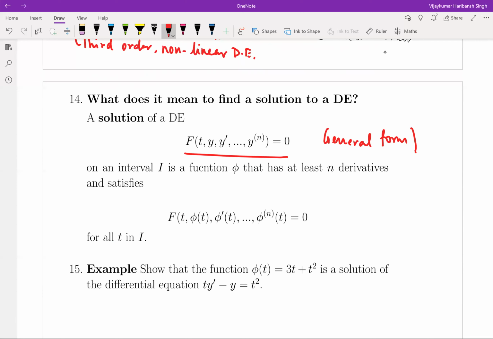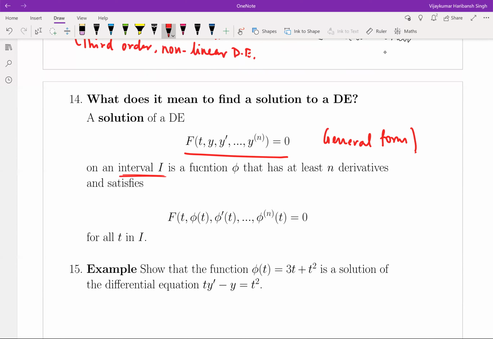What does it mean to solve it? It means finding a replacement for the function y. This differential equation has a solution on a certain interval I. It may not be the whole of the real numbers. It could be just a small part of the real numbers.